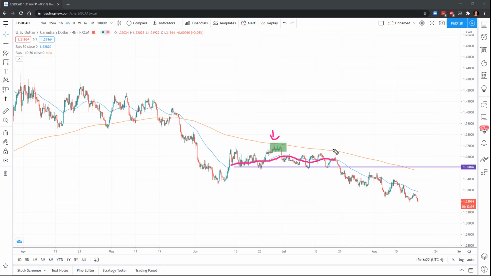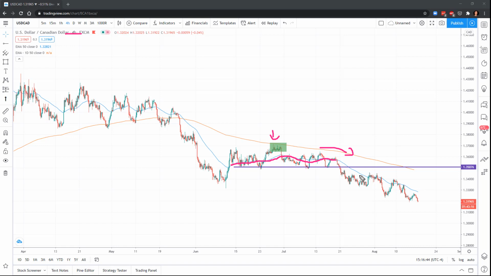In the case where the daily moving average is pointed lower, you're going to want to see price action on the intraday time frame, in this case the 4-hour, break down below that moving average and then retest in order to potentially get short. Now that means you might have to wait a little bit longer.